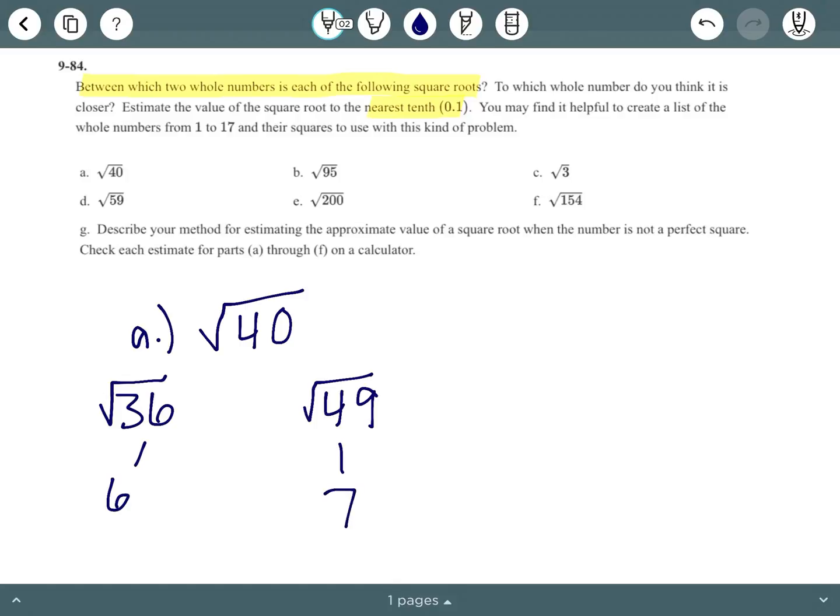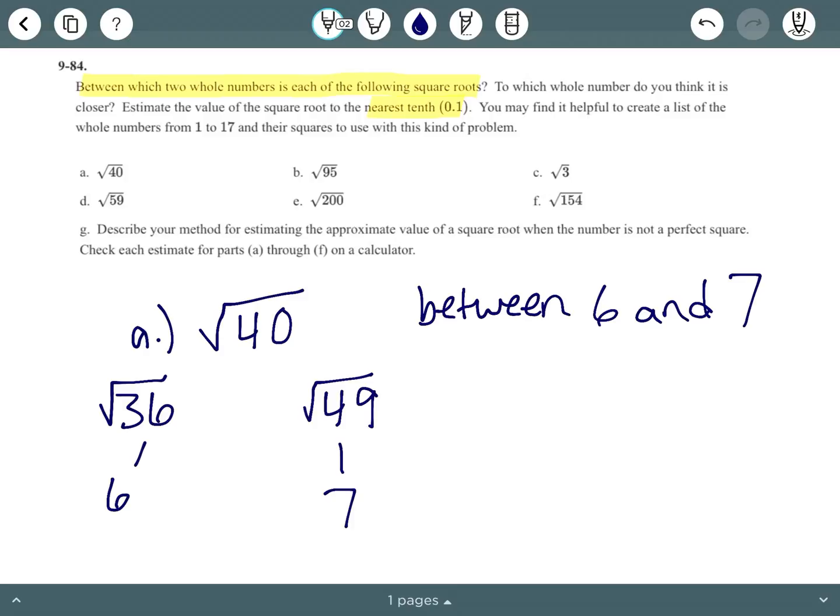Then you do want to make sure that you're writing this all down as well. So it is between 6 and 7. Now, 40 is a little bit closer to 6 than 7, right?